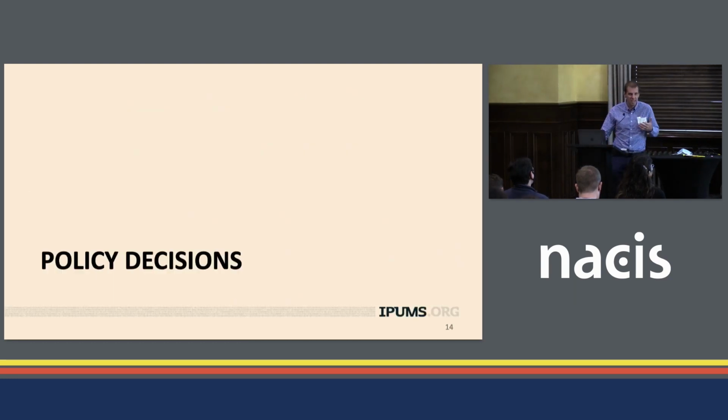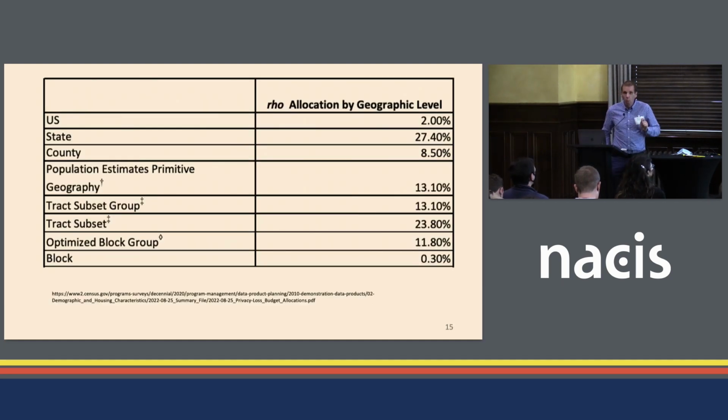So what are these policy decisions that they have to make? There's really two main things they have to deal with. So one, they have to decide how accurate or inaccurate to make different data for different geographic levels, right? So at the nation level, the state level, the county level, the Bureau can decide if they want to make data more or less accurate, depending on the sensitivity of those geographic units.